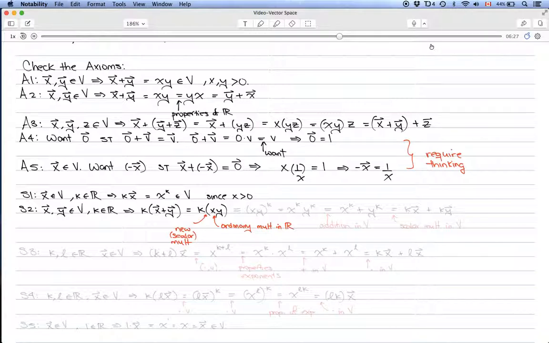So using our scalar multiplication definition, this is the same thing as xy to the power k in real numbers.